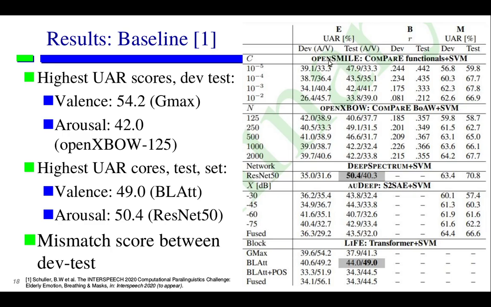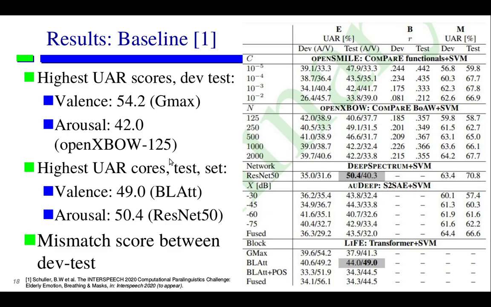They use five features, four from acoustic and one from linguistic. Here is the result from development: A is arousal, V is valence. The highest in development for valence is Gmax, and for arousal it is openXBOW using a 125 codebook, which is 42.